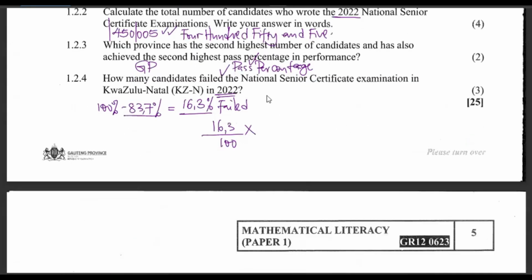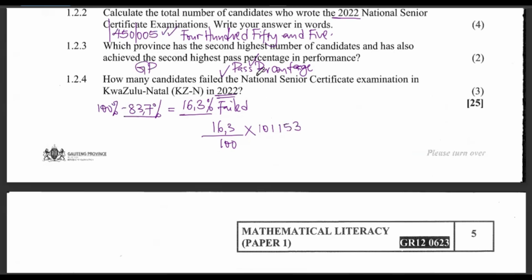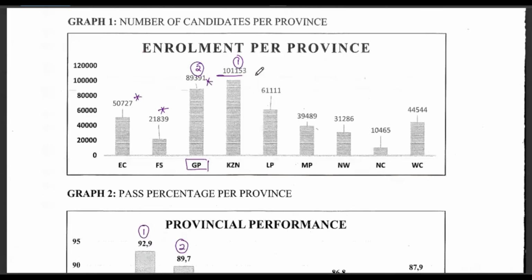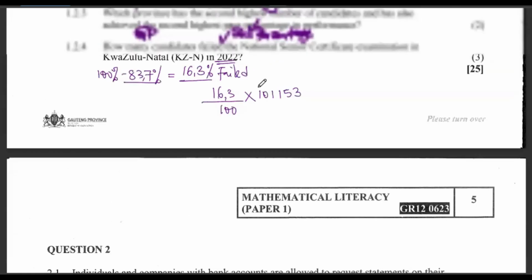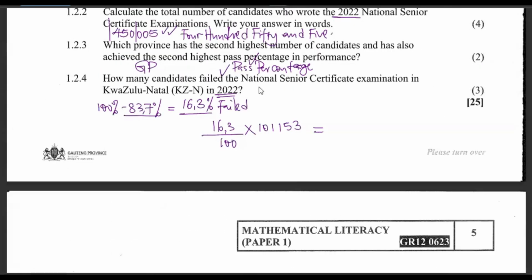We multiply that and get the number of people who failed.